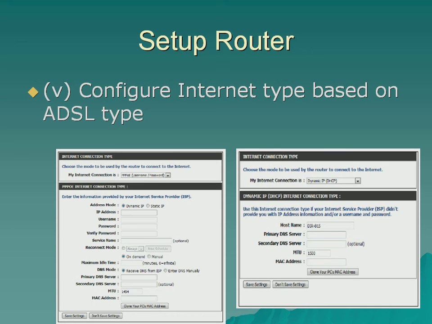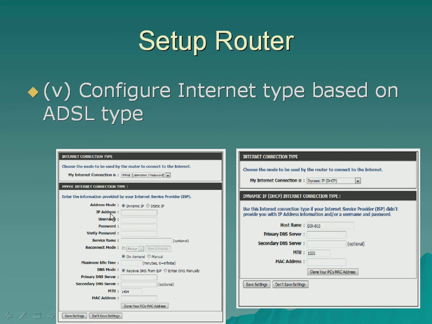If your ADSL modem supports DHCP, that means the ADSL modem can dial up automatically, so you can choose your internet type as DHCP. For the other ADSL type, you need to dial up with a username and password. So you can key in your username and password as on the left part. You can ask your ISP to confirm your ADSL type.